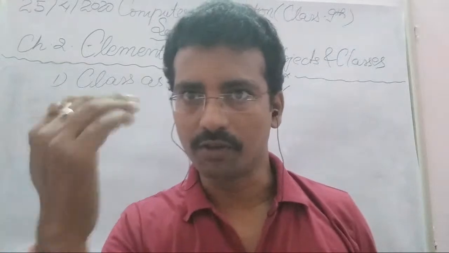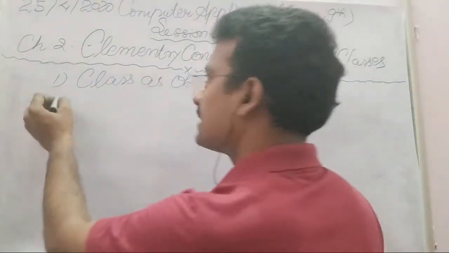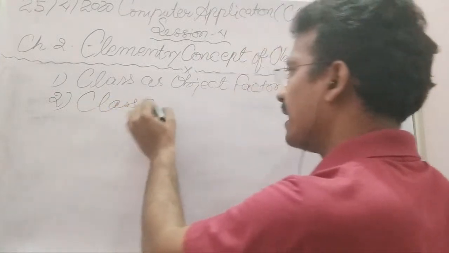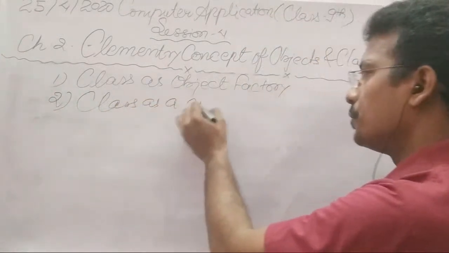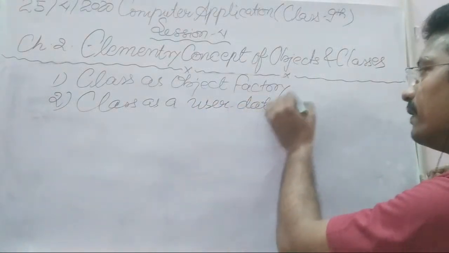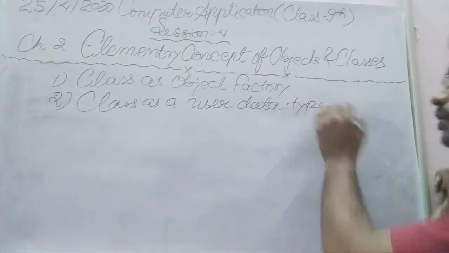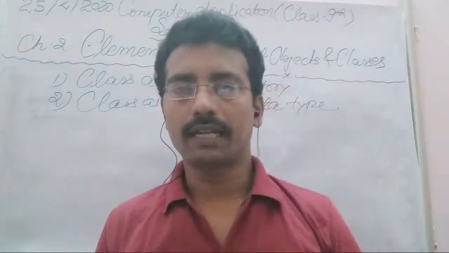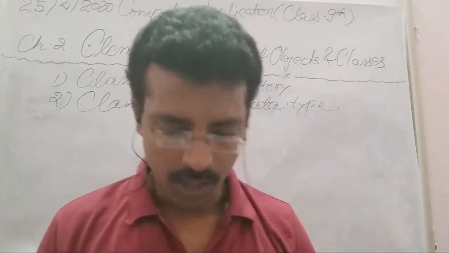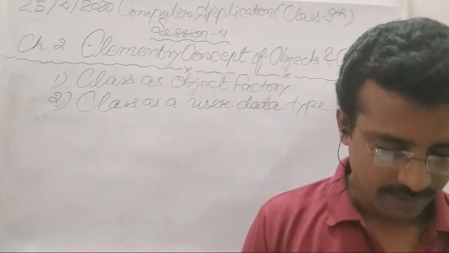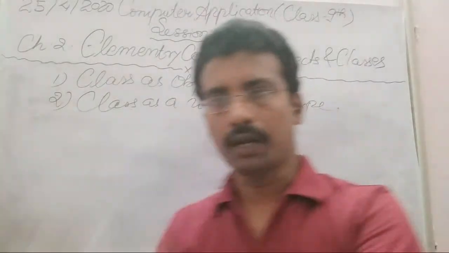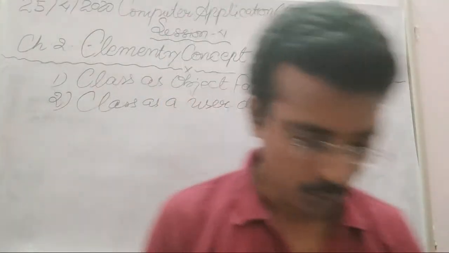Yes, I guess you are saying yes. Second, class as a user data type. So these are the features that we discussed in our first chapter. Now some more features related to class and object need to be discussed in this chapter.